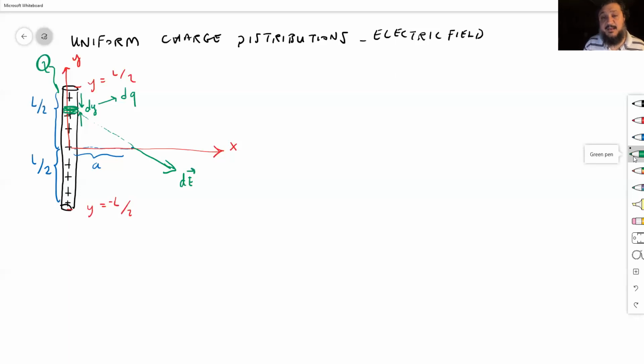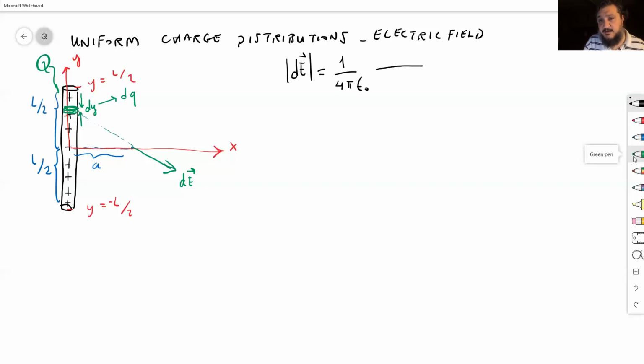Okay, but there are many such dqs along the line, so you have to consider them as well at one point, right? So this is not the result. It's only due to that little source, dq. But now I'm allowed to write dE, at least the magnitude of it, using that formula I have, right? 1 over 4 pi epsilon 0.